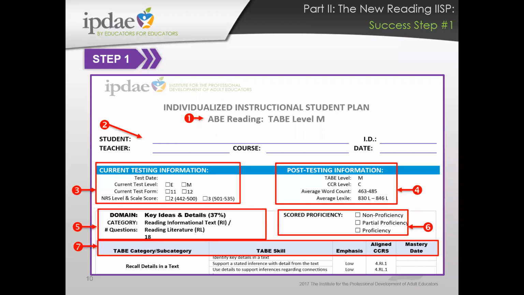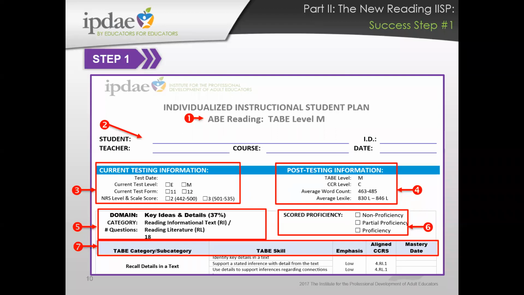Section 7 is the table header that identifies the TABE category, TABE subcategory, and TABE skill, all of which are found on the student's individual profile report. Now, the columns titled Emphasis and Aligned CCRS contain information from the TABE 11-12 blueprints. And of course, you already know the emphasis can be labeled high, medium, or low.